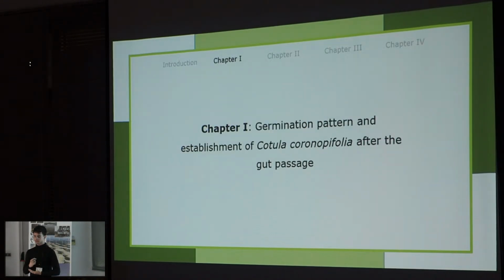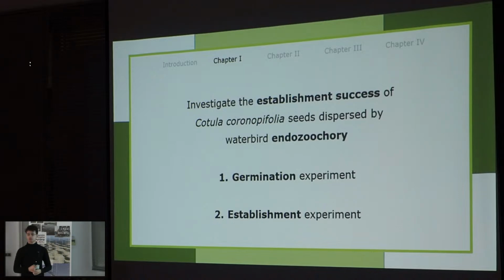So now, once I have presented the topic of my thesis, I'm going to start with the plan of the different chapters. The first chapter is titled Germination Pattern and Establishment of Cotula coronopifolia after the gut passage. Here we have the objective to investigate the establishment success of Cotula coronopifolia seeds dispersed by waterbird endozoochory.